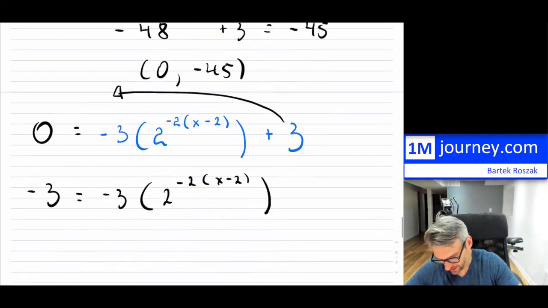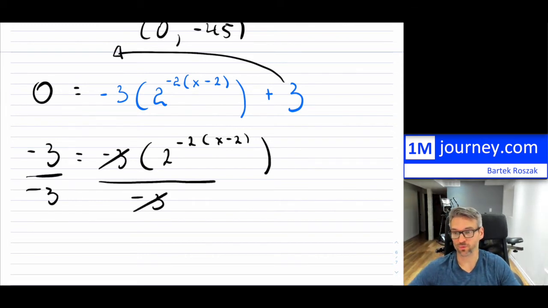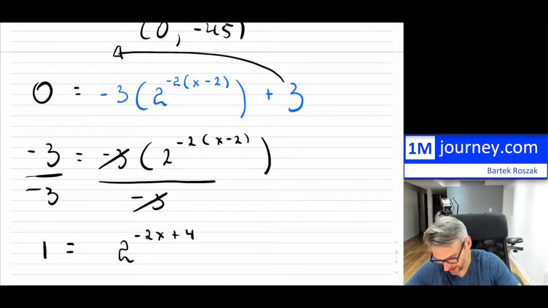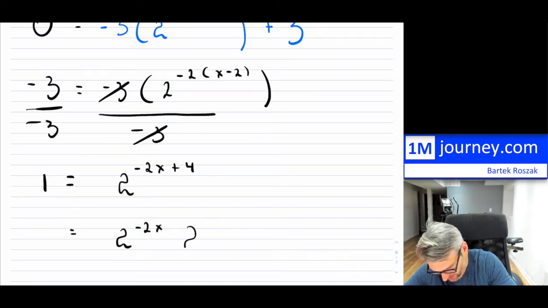Now I can divide by negative 3 on both sides. Negative 3 divided by negative 3 is just 1. So this becomes 1 equals 2 to the negative 2x. Let me distribute that back in there, so that's 2 to the negative 2x times 2 to the 4.